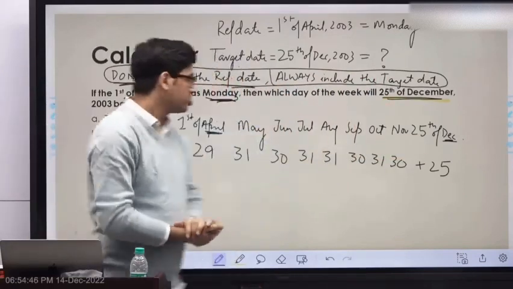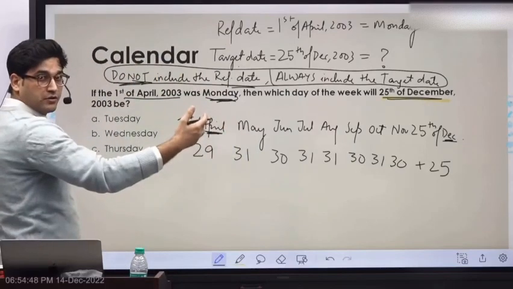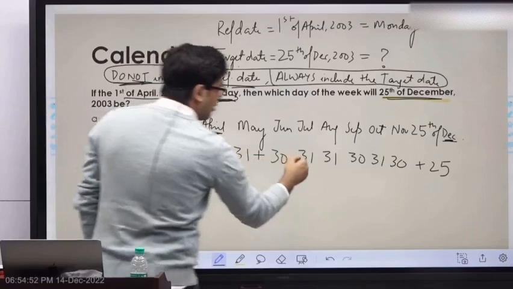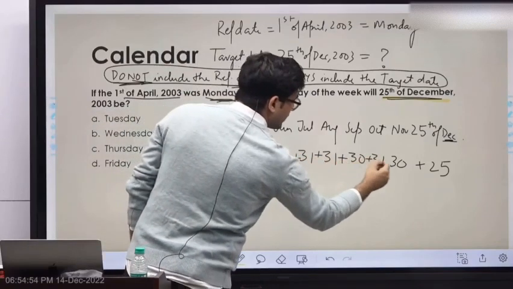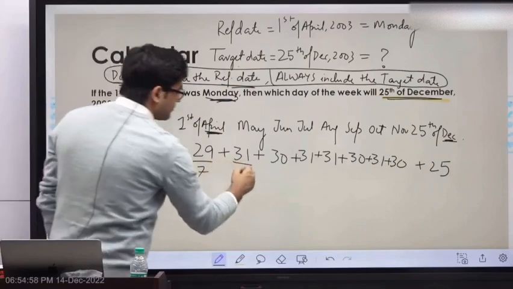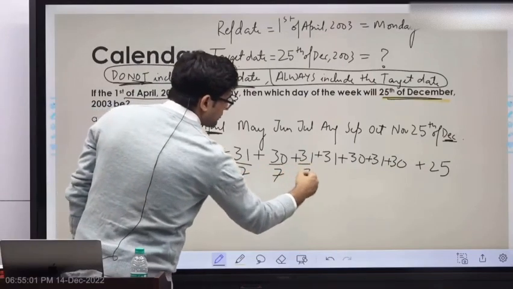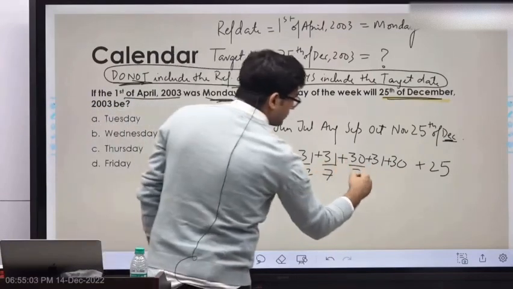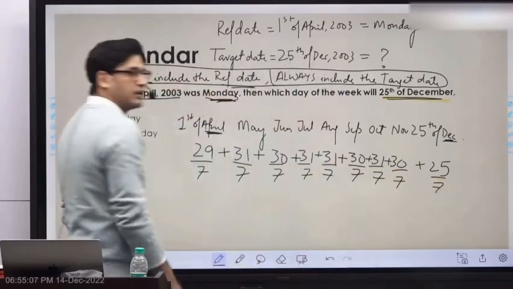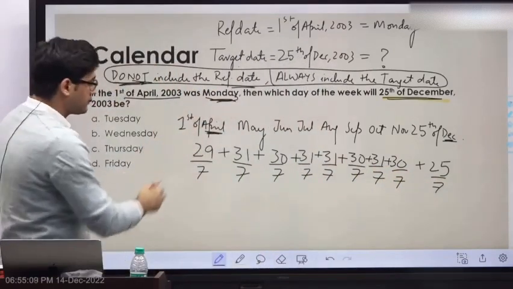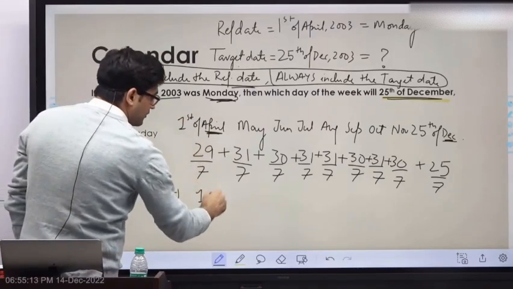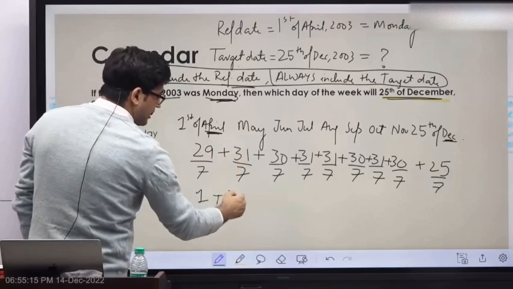Now, to find out the total number of odd days, one thing you can do is add all of them and then divide it by 7. Or what you can do is divide each of them by 7 and find out the remainders. 29 divided by 7, the remainder will be 1. 31 divided by 7, remainder will be 3.